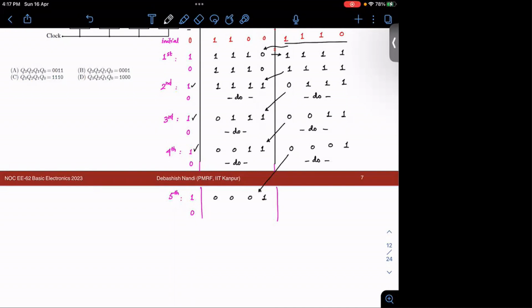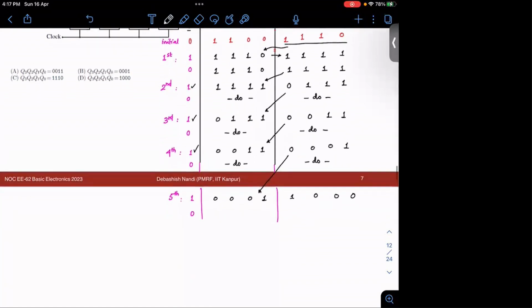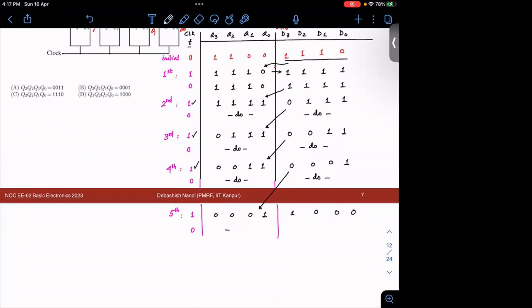And again 0, 1 would be 0, so it will be 1. And then again 0, 0, 0. Because this 3 will be going to this 3. And these two NAND operations will be coming here. Fine. And whenever the clock is 0, you have this.